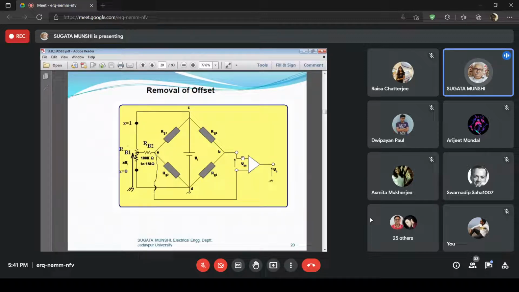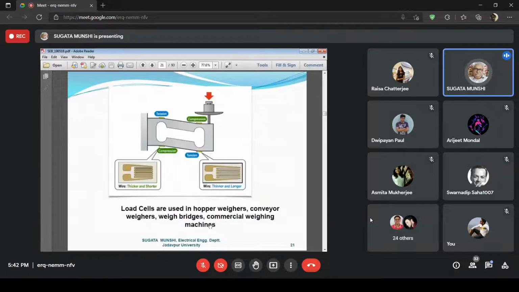A null detector is connected here and this wiper position is adjusted until that indicates null. This is the condition when no mechanical strain is applied. This is the network that we have introduced. It's only meant for removing the offset, making the output of the bridge zero when there is no mechanical strain. A similar network has been used in your experiment.